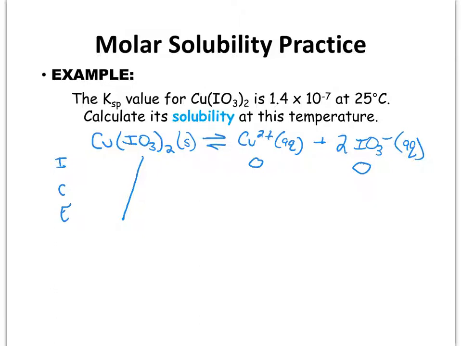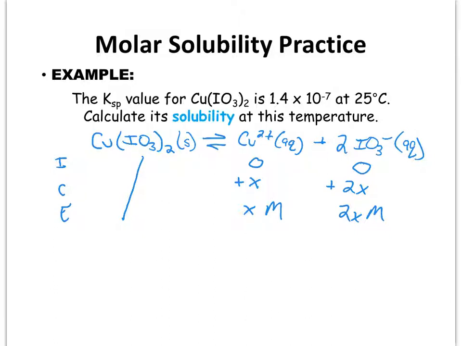The Cu2+ change would be +x, and the IO3- would be changing by +2x because of the stoichiometry with the 2 IO3-. Then at equilibrium, 0 plus x is just x molar, and the IO3- would be 2x molar. So now we have our ICE table filled in, and we can go about solving this.